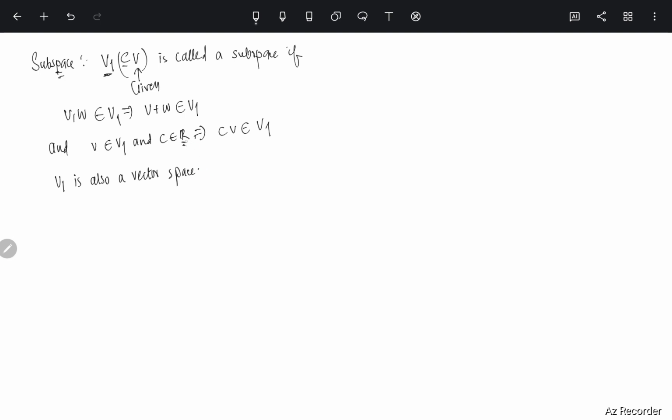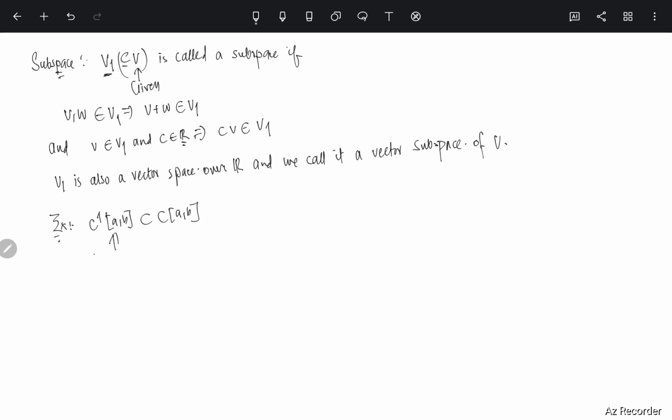Here the original field is R, so we call it a vector subspace of V. As an example, C^1[a,b] is a vector subspace of C[a,b].